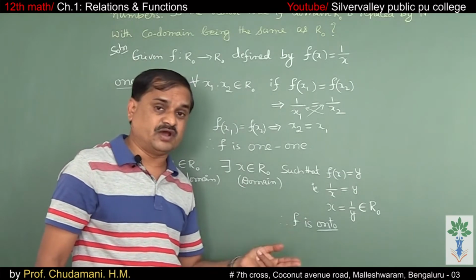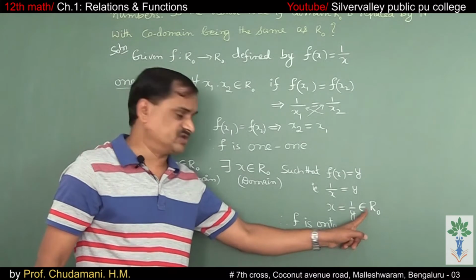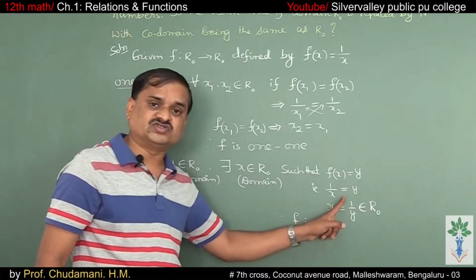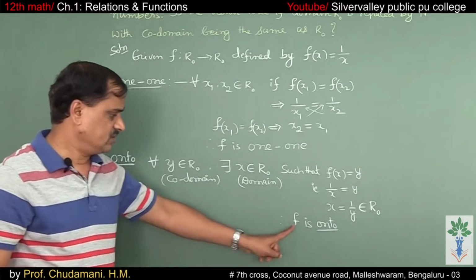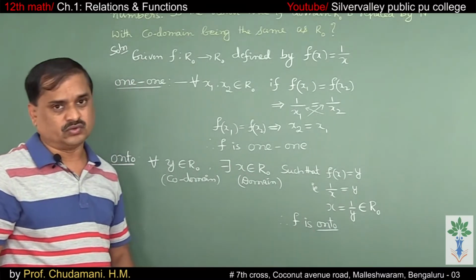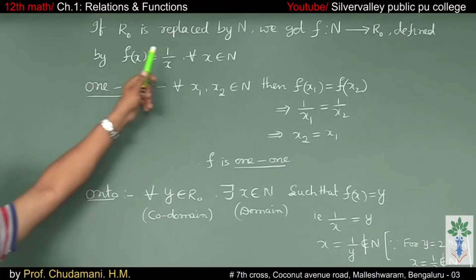So then it doesn't belong to that. That's why we remove 0 from the set of real numbers. So clearly x equals 1 by y belongs to non-zero real numbers. Therefore f is onto. R0 is replaced by N.